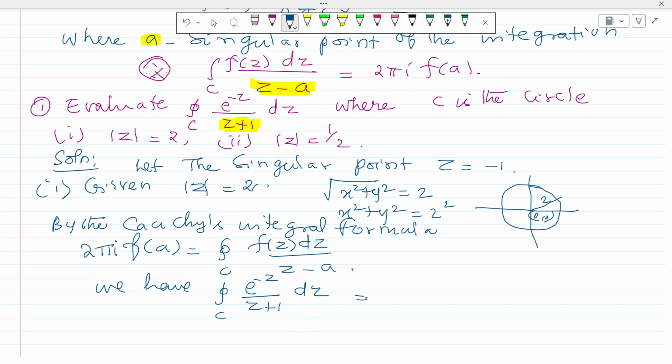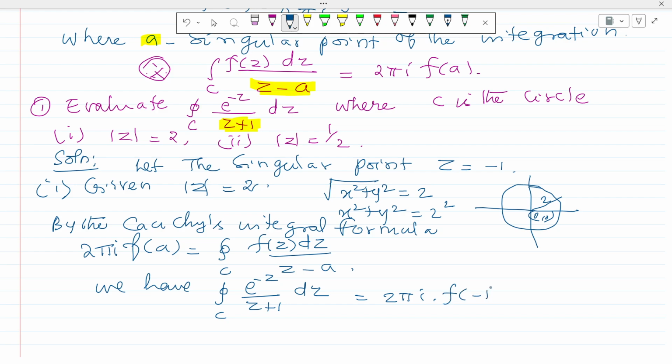That is equal to 2 pi i into f of a. What is a here? Minus 1.